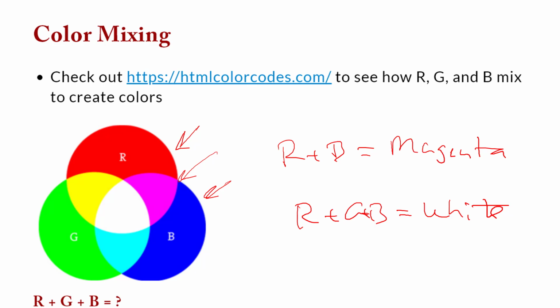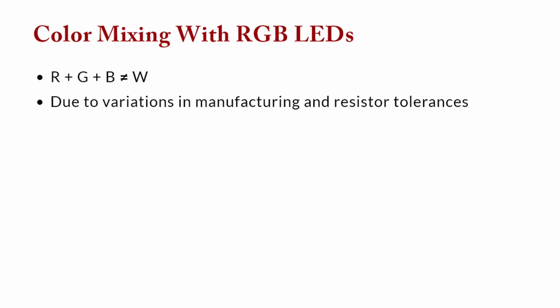Now, you would think that's what we could do with an RGB LED, and we can to some degree, but in RGB LEDs, red, green, and blue do not exactly make white. If you turn them all on, you'll find that you get perhaps a light purple, light magenta, or light blue, and that's because these devices are manufactured to be cheap.